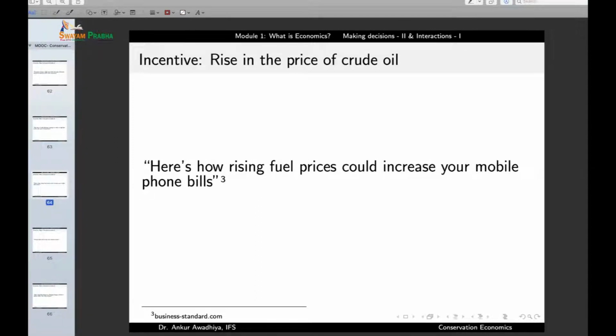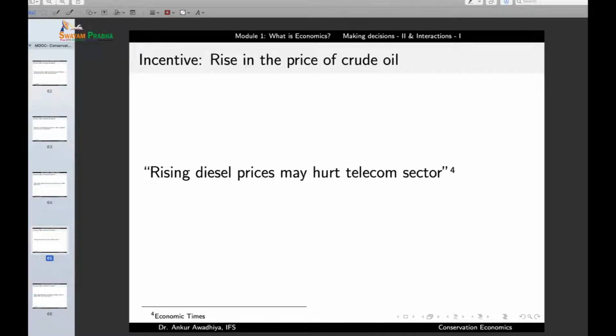Another thing is that the rising fuel prices could increase the mobile phone bills, because here again the mobile phone towers are fueled by, say, a diesel generator or by electricity, and the price of diesel will go up, the price of electricity will also go up. Now, this article says rising diesel prices may hurt the telecom sector. Why?